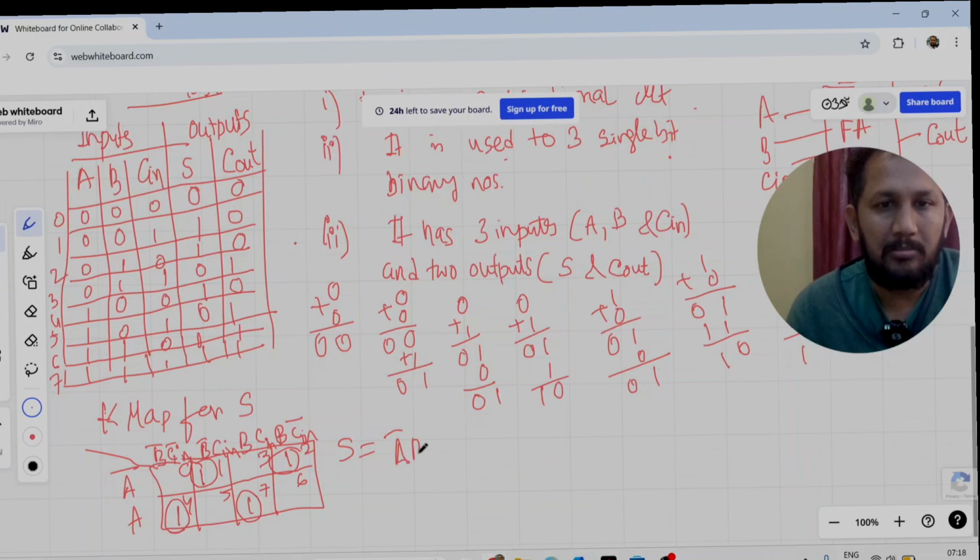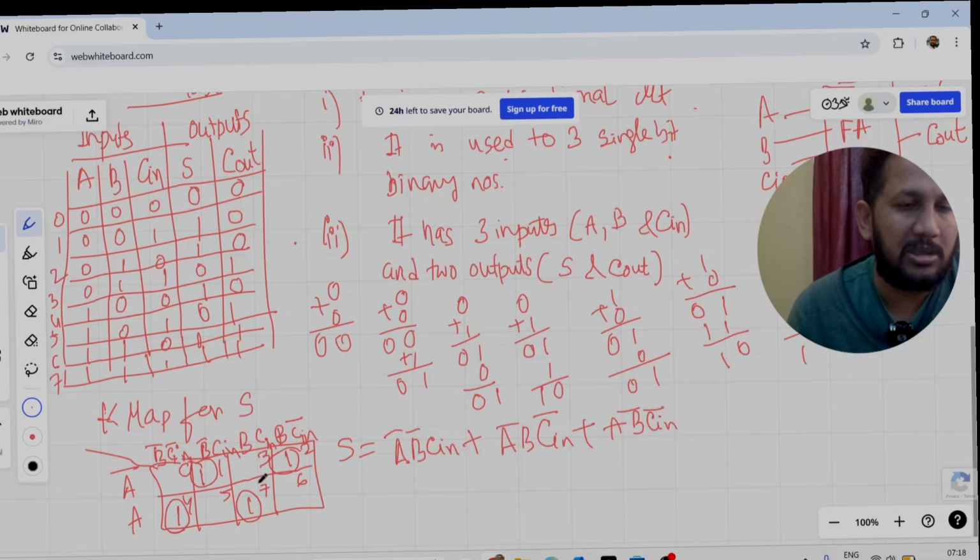Then plus, next for the second position, A bar B C in bar. For the fourth position, A B bar C in bar. Next for the seventh position, A B C in. Now we need to simplify the Boolean expression.